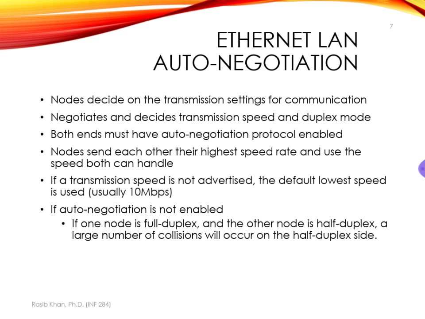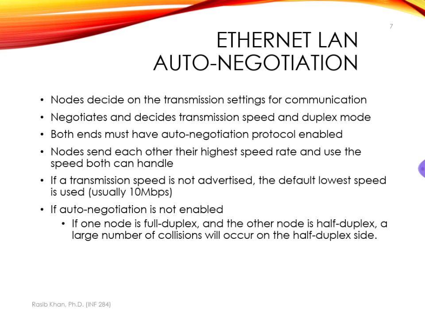However, if one of the nodes is not advertising its transmission speed, the overall transmission for that connection will fall to the default lowest speed, which is usually 10 megabits per second, which is not really a great thing. And therefore, auto negotiation helps you perform the communication at the optimal speed so that both ends can actually support and have it at their max capability.